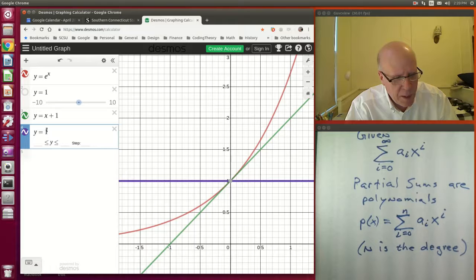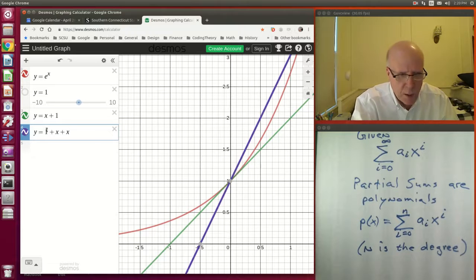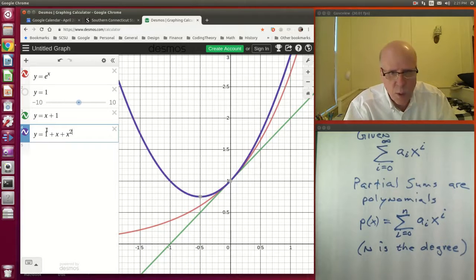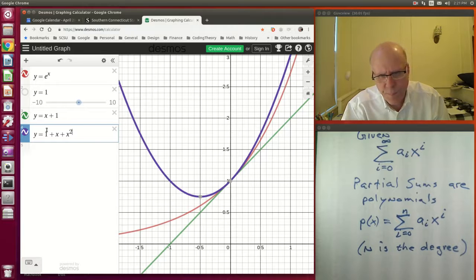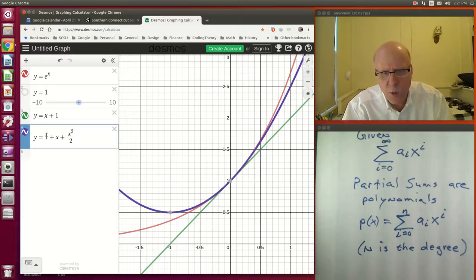Y is 1 plus x plus, now I want something that captures the second derivative information. And it's not x squared. Let's just put in what x squared would look like. X squared isn't bad, but it's not quite the right number. What you really want is x squared over 2.